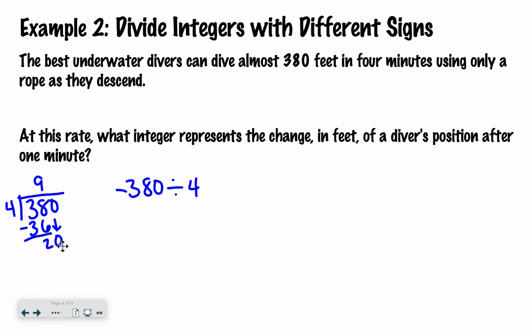Carry down a 0. And I'm now looking, how many times does 4 go into 20? It's 5. And then 4 times 5 is 20. And you can see I don't have a remainder. So the diver goes down, or negative 95 feet in 1 minute. Okay.